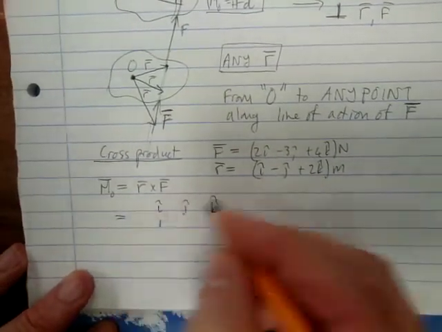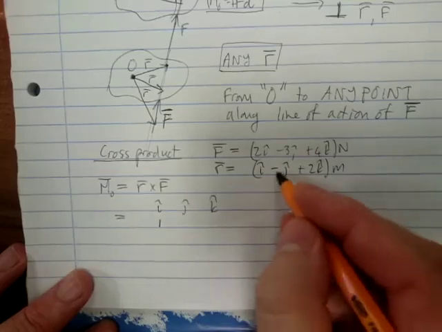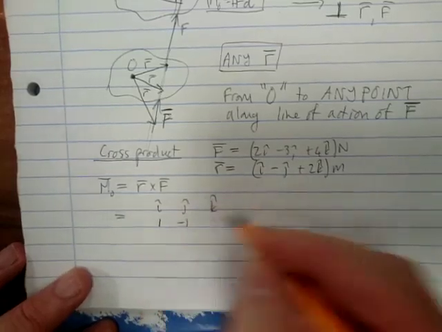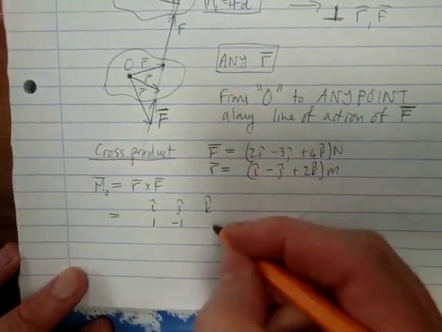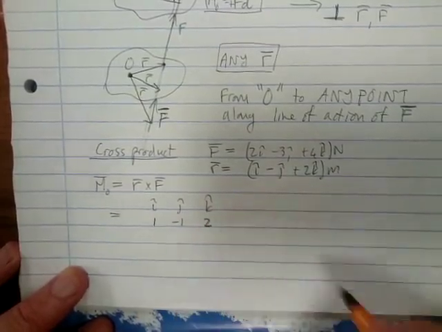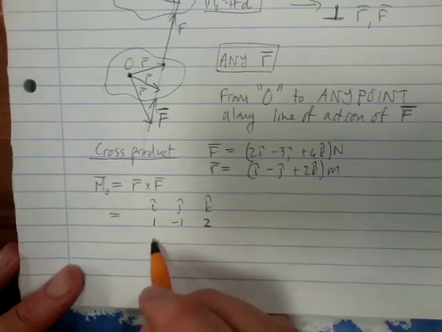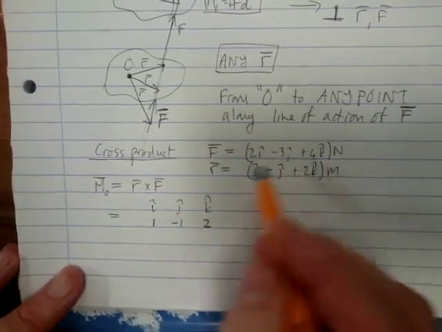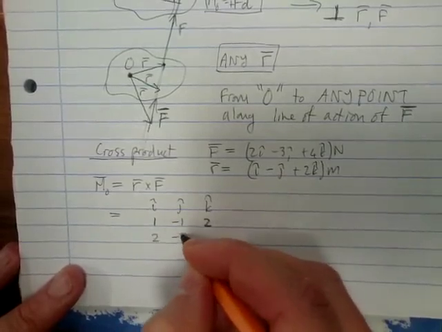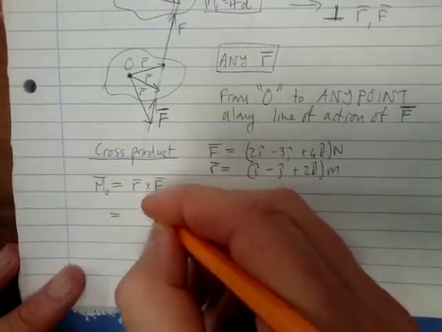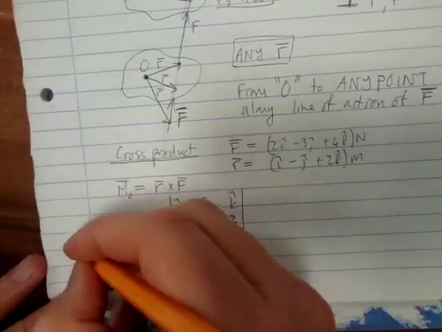So we put in 1 there because it's 1i. We put in minus 1 there because it's minus 1j. And we put a 2 in there. Okay, because it's Rx, Ry, Rz. Then in this next row we put in the components of F: 2, minus 3, 4.